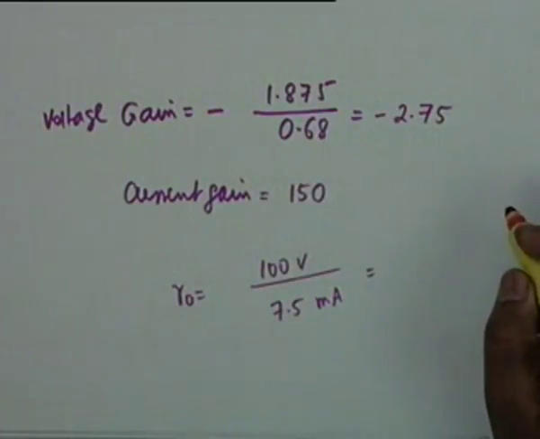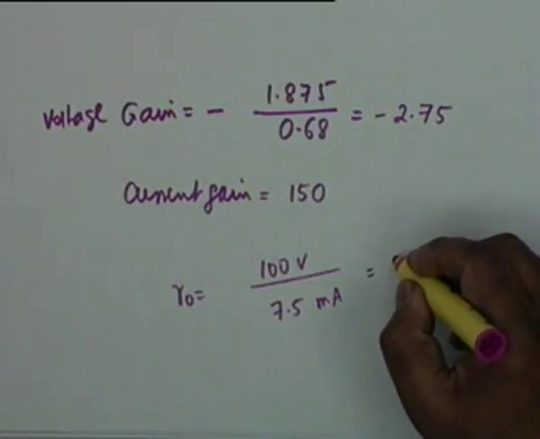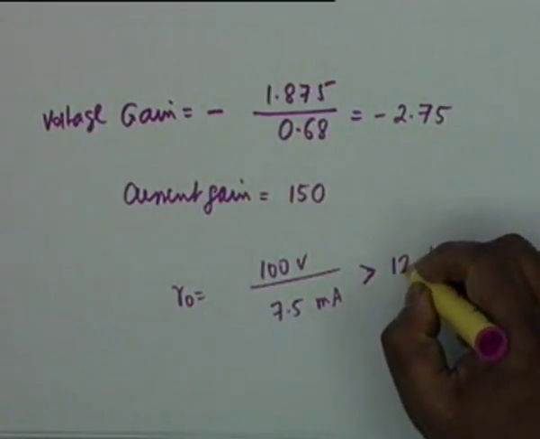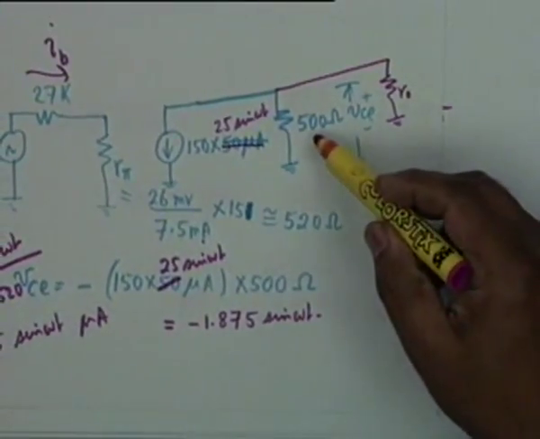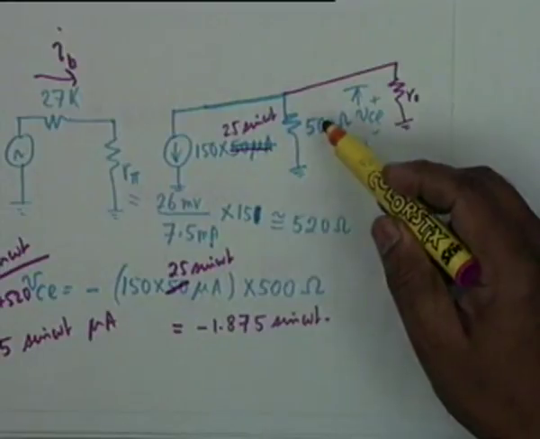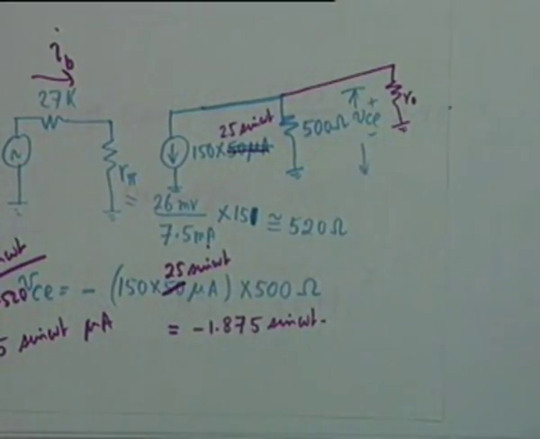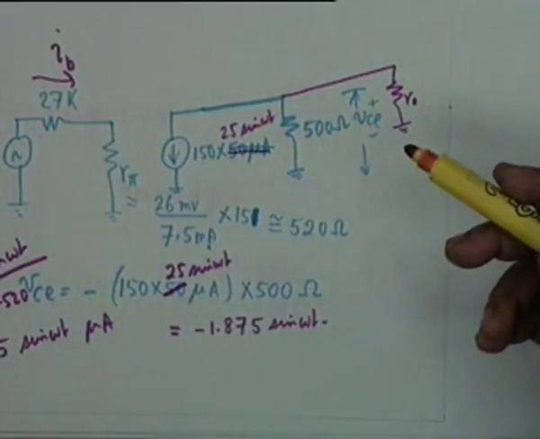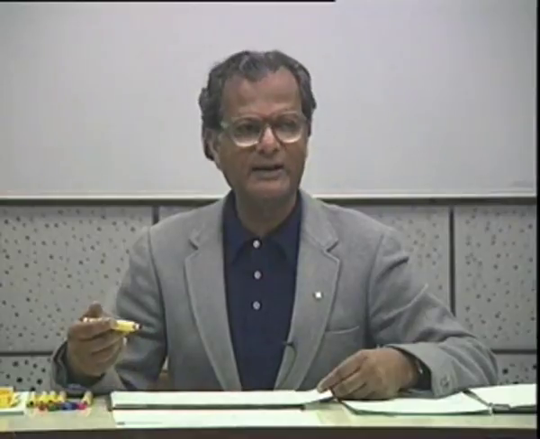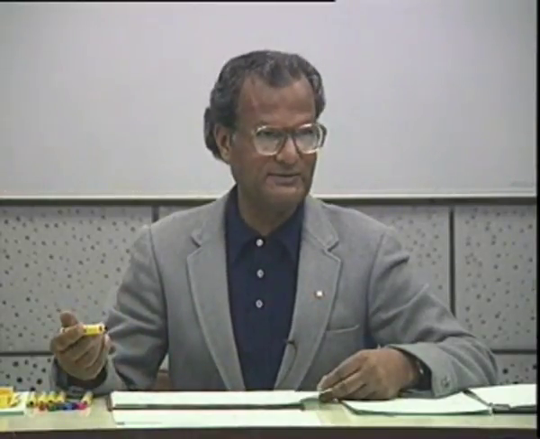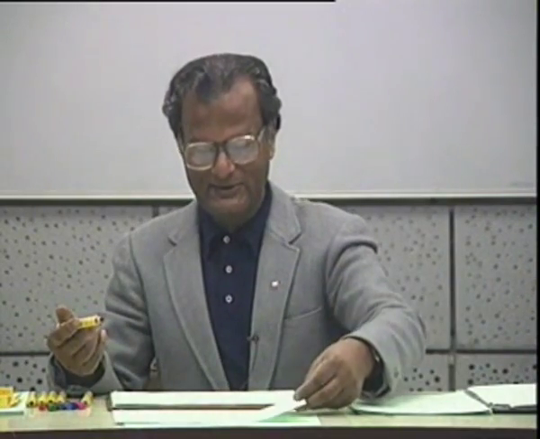So how much is this? It is of the order of more than 12K. Isn't it right? And 12K parallel with 500 ohm is approximately 500 ohm. That's why we have ignored. R0 is usually very large compared to RC. But in situations where the load resistance is very large, you do have to consider R0. Okay? Alright.